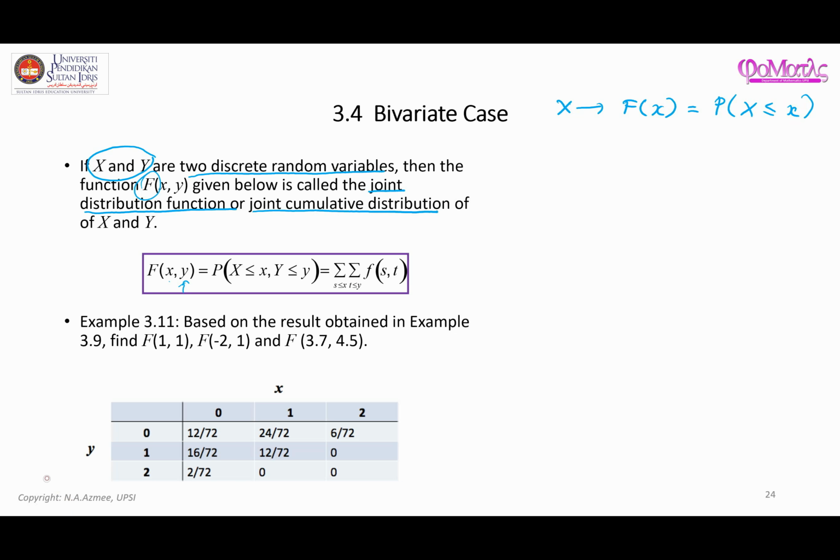So if we have x and y together, it is only natural that we extend this part to include another random variable as well, which is going to be called y. So basically it's just an extension, making the mathematical expression slightly longer.